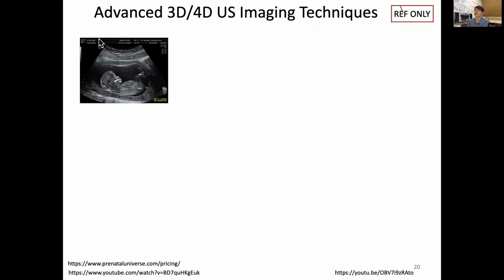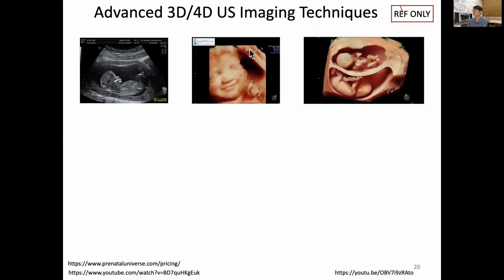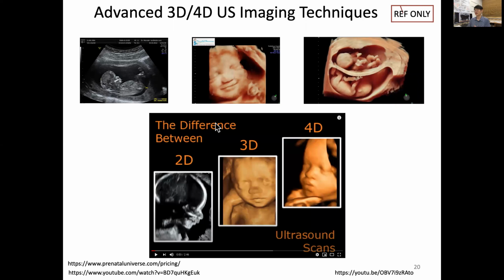So first is 2D traditional ultrasonic imaging, and we can create three-dimensional ultrasound imaging. This is an interesting example of twins inside a mom's womb, and the difference between 2D, 3D, and 4D is that 4D is in fact a movie. You can go to YouTube to see how 4D ultrasound looks.